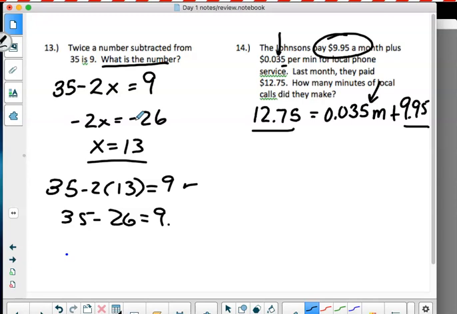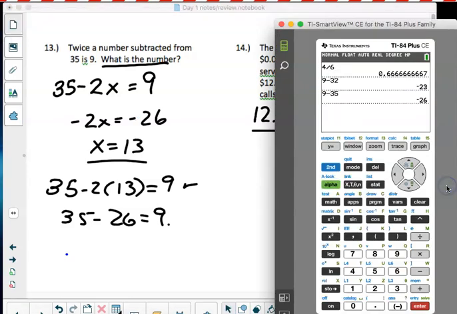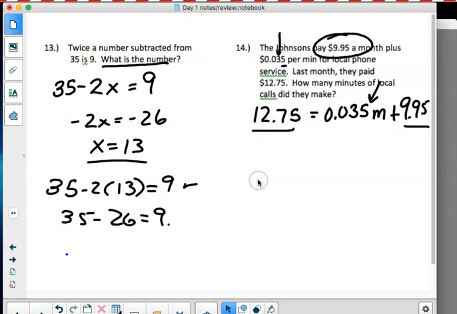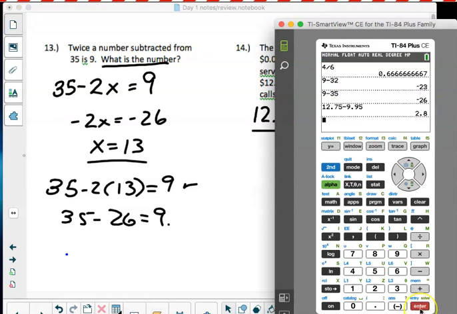Now I subtract my $9.95, and I've got to get my calculator back out. I got $12.75 minus my $9.95. I'm just going to double check to make sure those are my numbers. $9.95 a month. I hit enter, and that's $2.80.